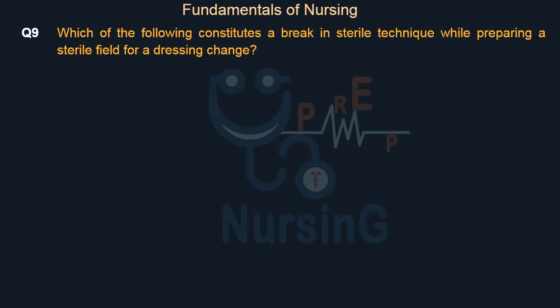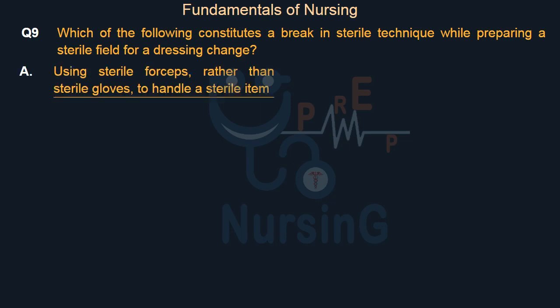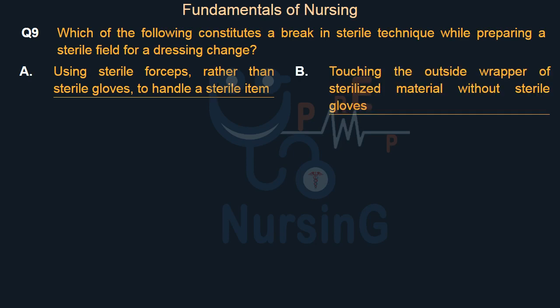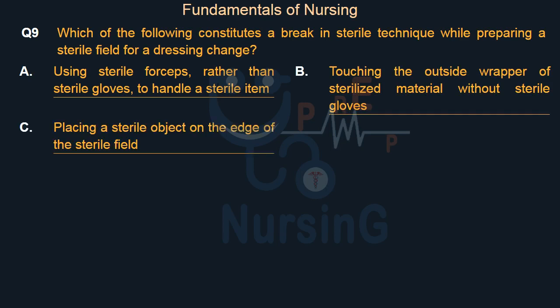Which of the following constitutes a break in sterile technique while preparing a sterile field for a dressing change? Option A. Using sterile forceps, rather than sterile gloves, to handle a sterile item. Option B. Touching the outside wrapper of sterilized material without sterile gloves. Option C. Placing a sterile object on the edge of the sterile field.